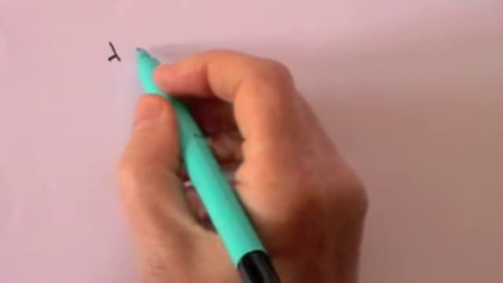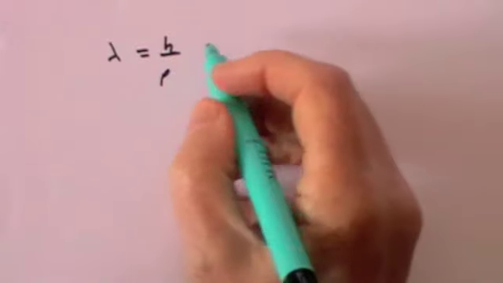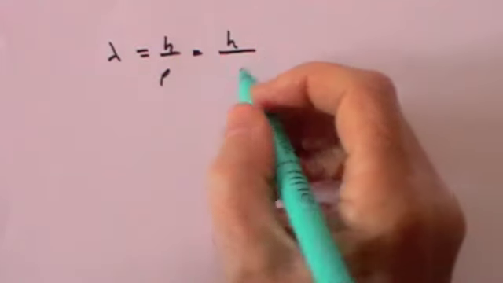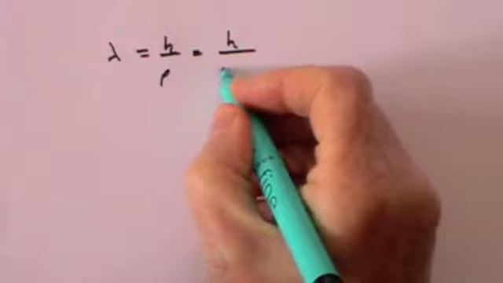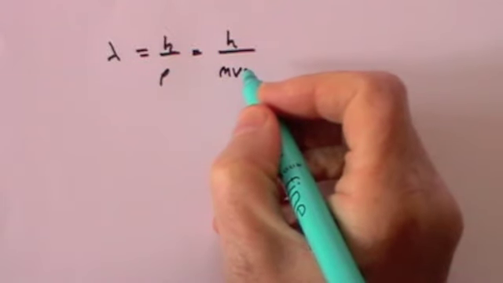Part 2 asks us to find the wavelength of those electrons, and for this we need the de Broglie formula, lambda equals h over p, which, because we're talking about electrons, we can say that momentum p is equal to mv.